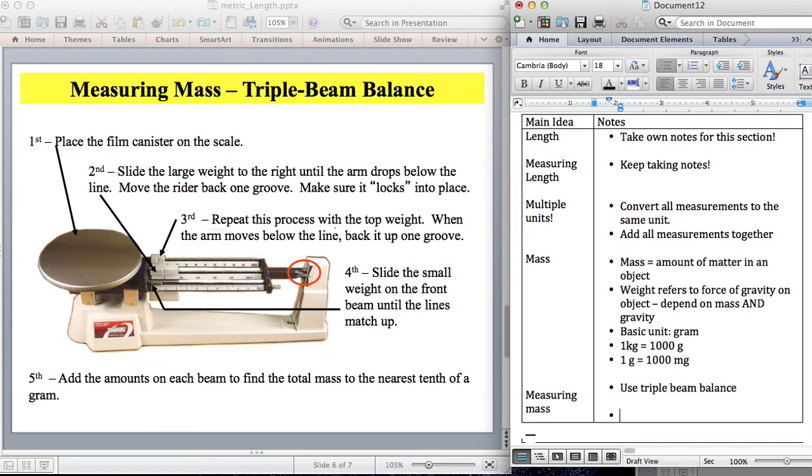We put our object on the pan, and we slide the weights until the lines on the end of the balance match up.